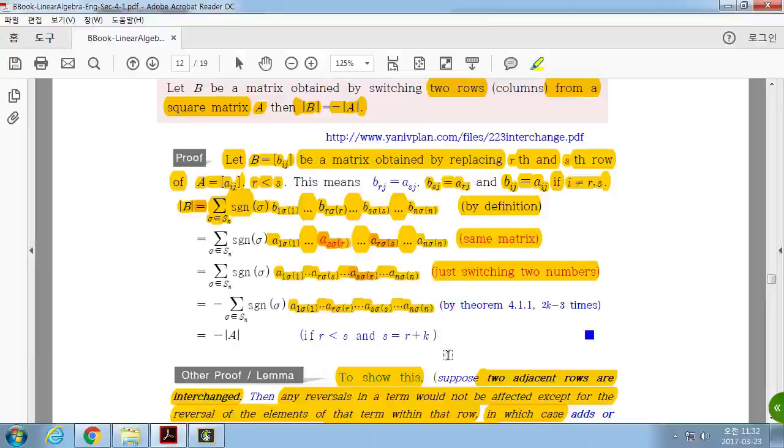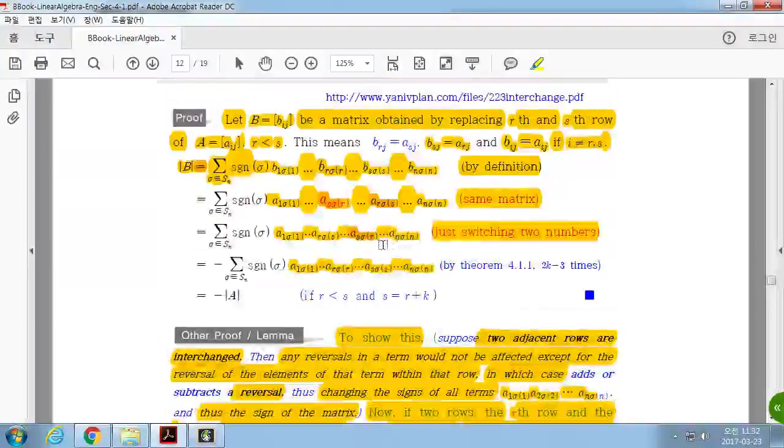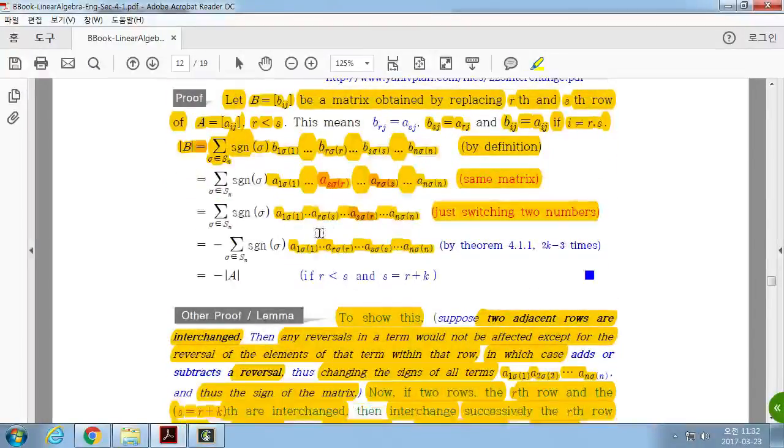Here, as we observed, when we switched two rows, the number of inversions was changed an odd number of times. So the signature was changed by just multiplying by -1.